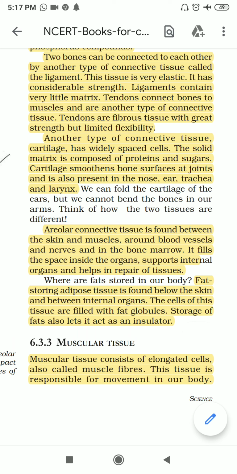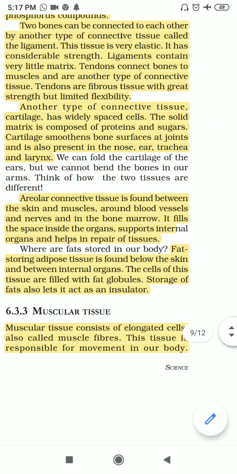They also provide flexibility and cushioning to the organs, so that they do not dislocate from their position, as well as they do not get any sort of jerk.